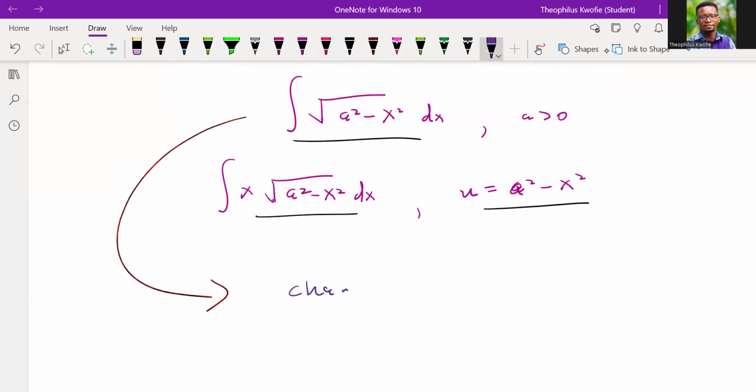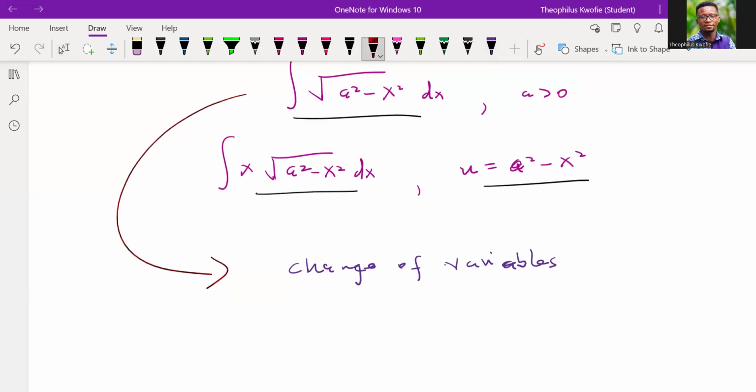So for us to solve this problem, we do what we call change of variables, in which case we want to switch from x to theta. Does that make sense?